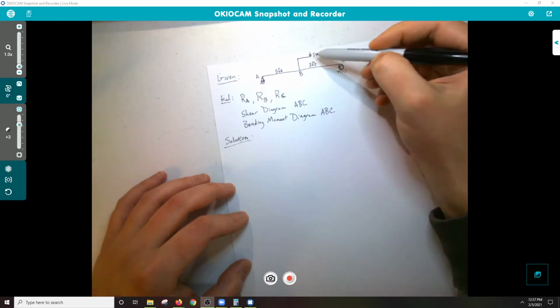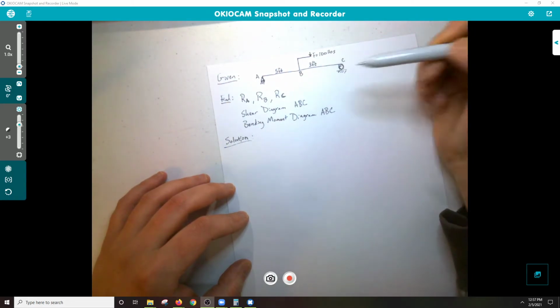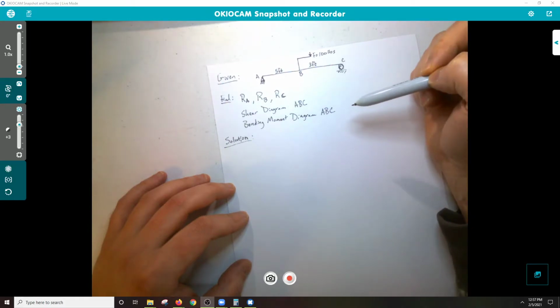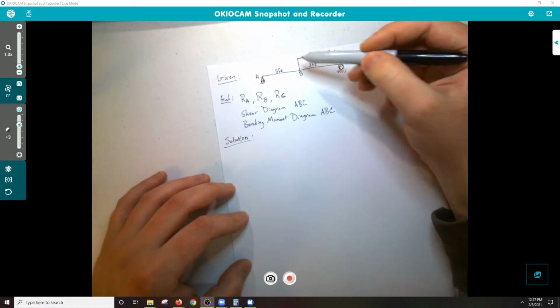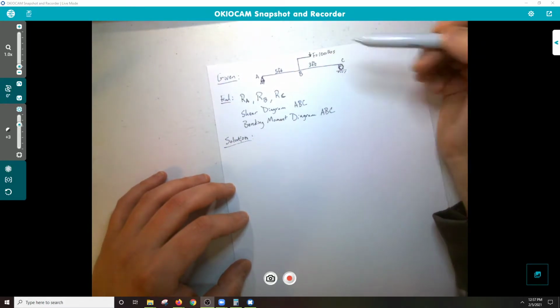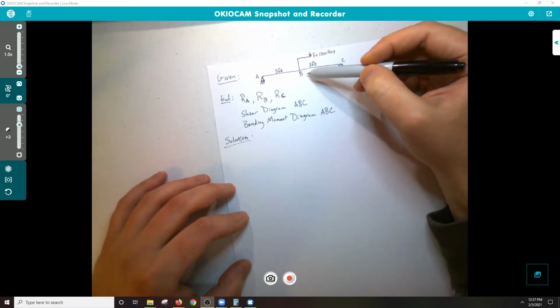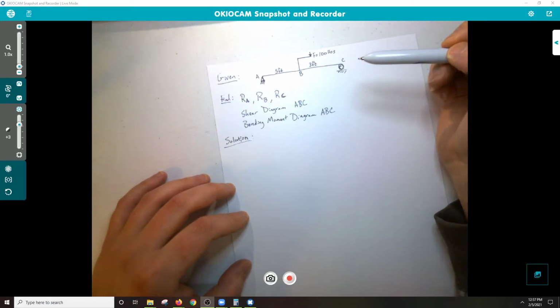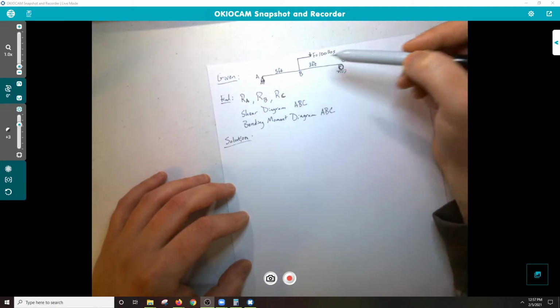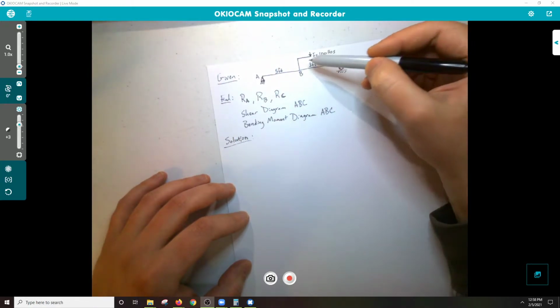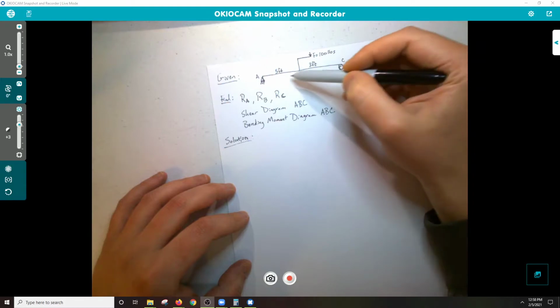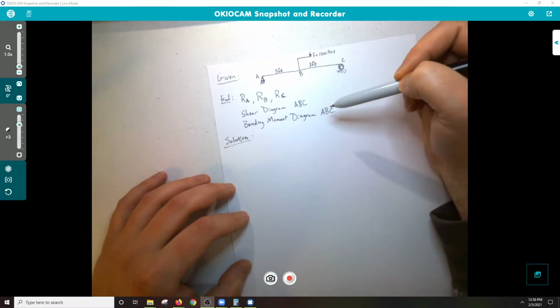But we also have this extra leg over here that's going to be adding a moment at B, as well as a reaction force here at B of 100 pounds. But there's also going to be again that reaction moment.